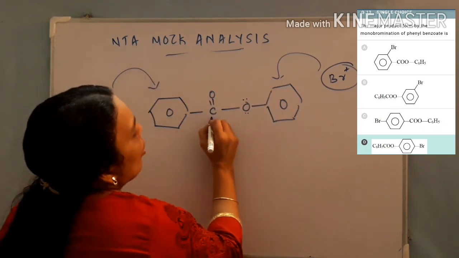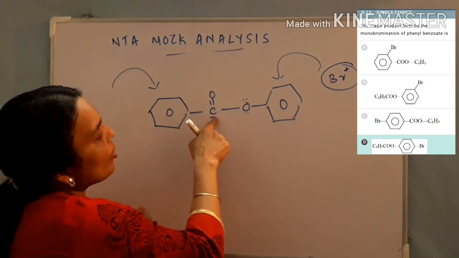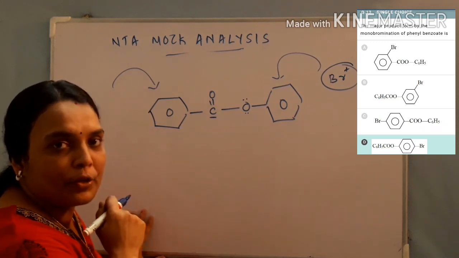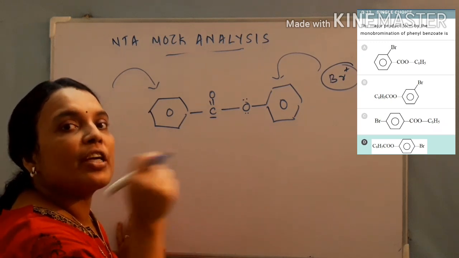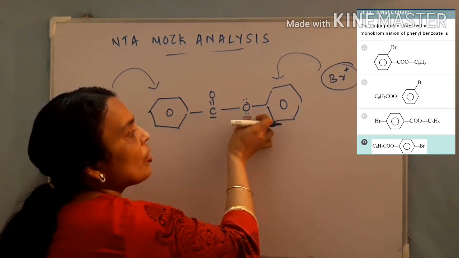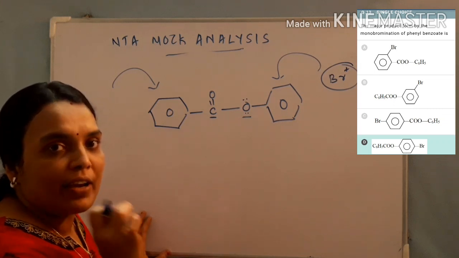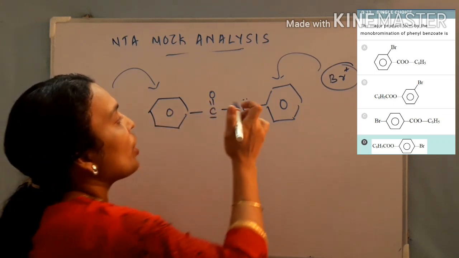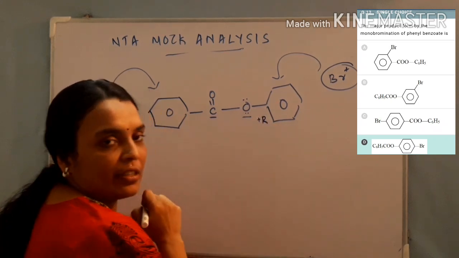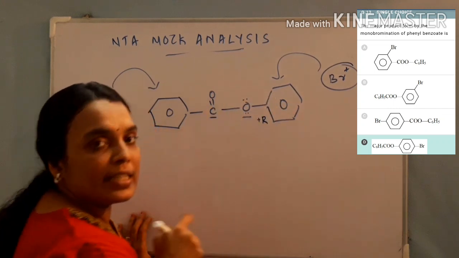This depends on the group directly attached to the benzene ring. Here the group attached is a carbonyl group, which is a deactivating group, so it resists electrophilic substitution. But here the group attached is an ether group. It is an activating group; it can donate to the benzene ring and show a plus R effect. So electrophilic substitution is favored in this case.